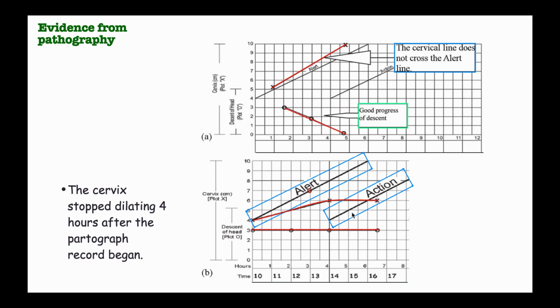And so this is how we use the partograph to determine if labor is prolonging or if there is any abnormality. Now, how do we manage obstructed labor?